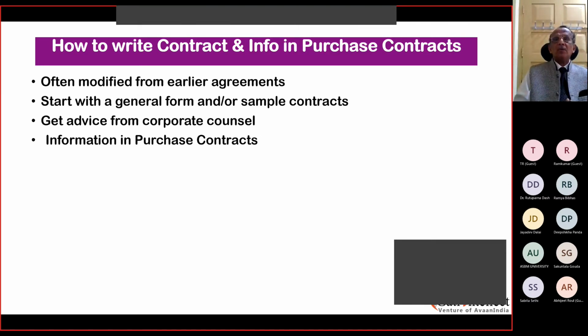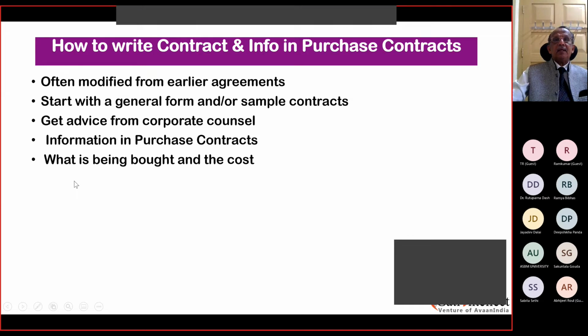So whenever there is a contract or a tender to be floated, you have to open it up and see what are the most important elements which should be incorporated in a tender or in a contract. Do you understand? So it's important to have such information as part and parcel of the knowledge management of the organization.